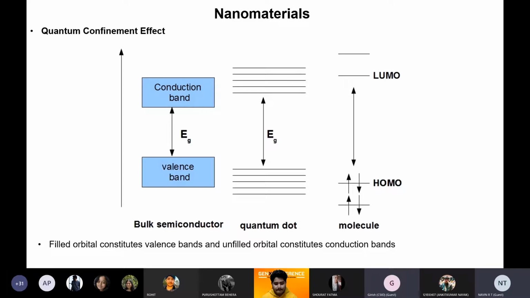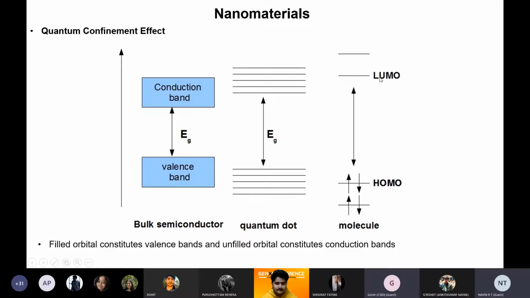When these atoms combine into a molecule, they form molecular orbitals, some of which are filled and some unfilled. The unfilled ones go to the LUMO, and the filled orbitals form the HOMO. The difference between the highest filled orbital and the lowest unoccupied orbital becomes the band gap for that material. These orbitals occupy particular energy states, and the difference between them is the band gap energy for that material.